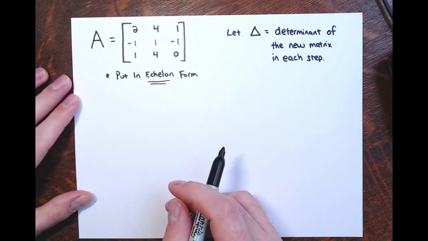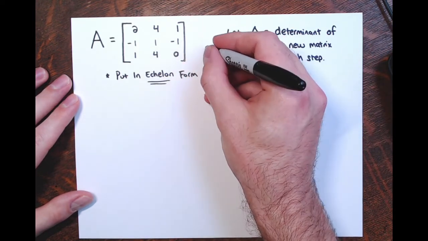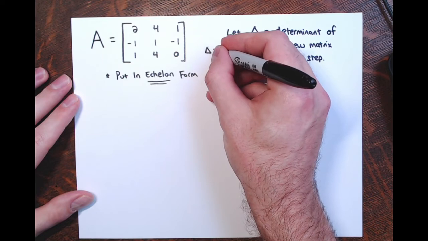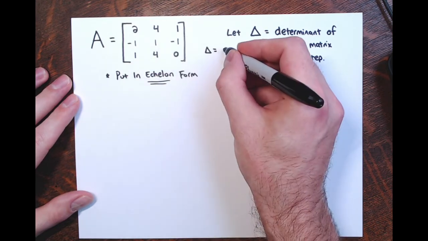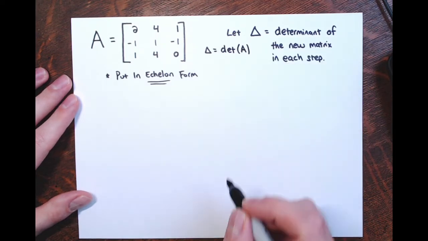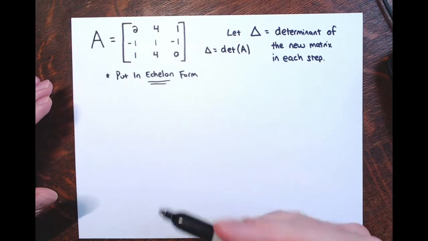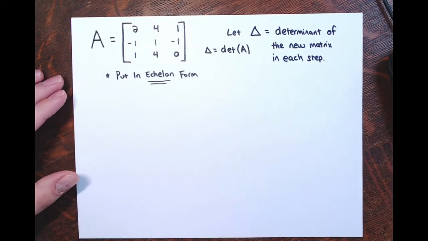Okay. So right now, at this first step, the determinant of this matrix is just whatever the determinant of A is. We don't know the determinant of A. So again, triangle is going to represent the determinant of each new step.